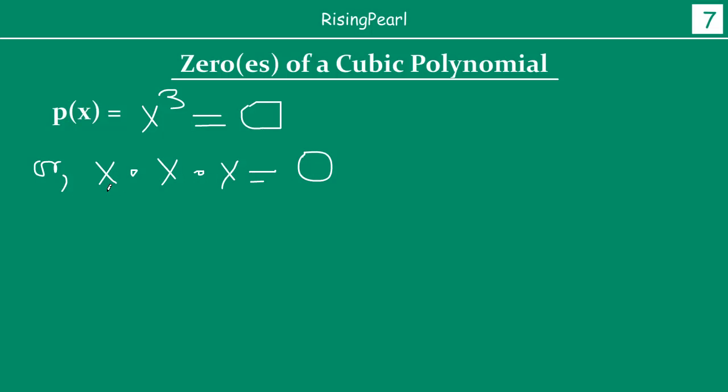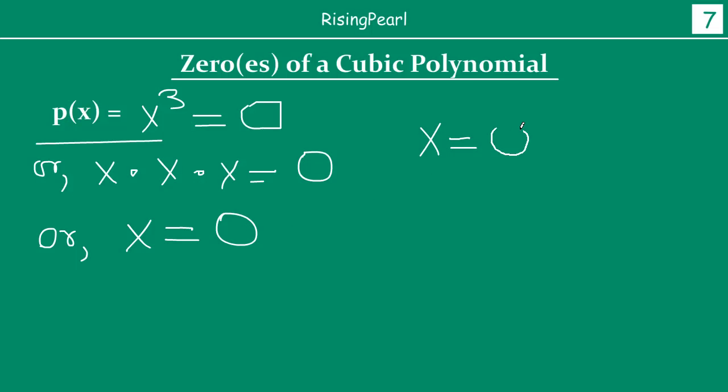If you take a negative number and multiply it 3 times, you will not get 0. The only way you are going to get 0 here is if x itself is 0. That means the zero of this cubic polynomial x cubed is 0. That is, only at x equal to 0 does the value of the polynomial become 0.